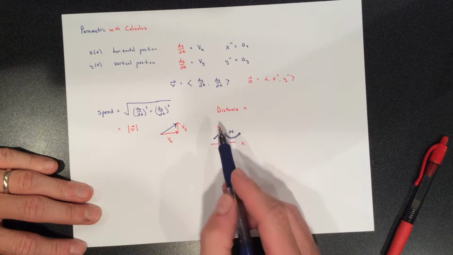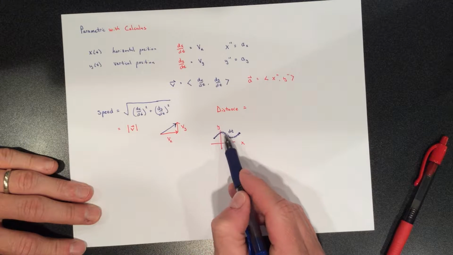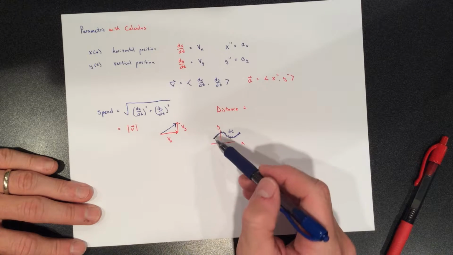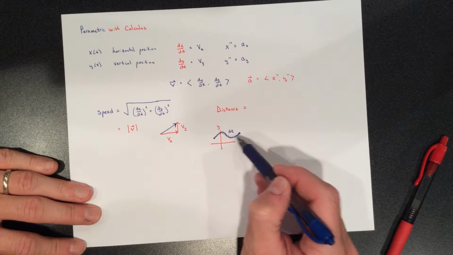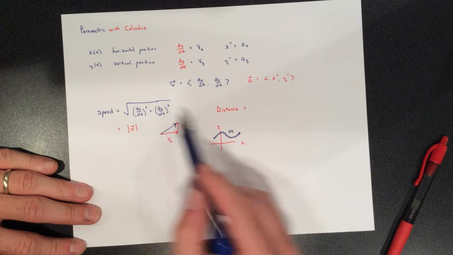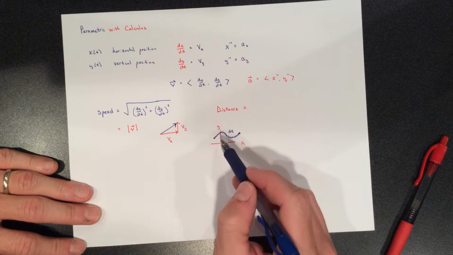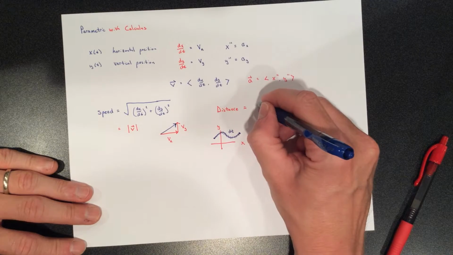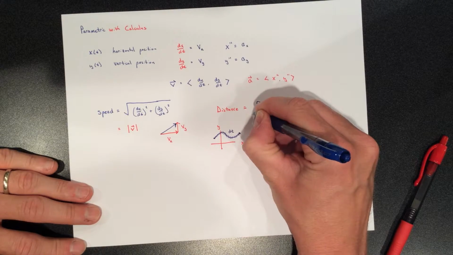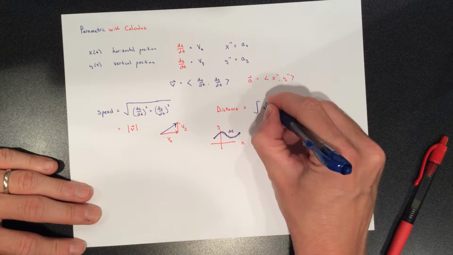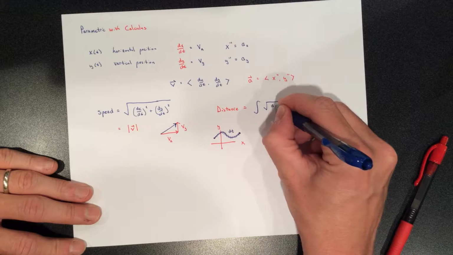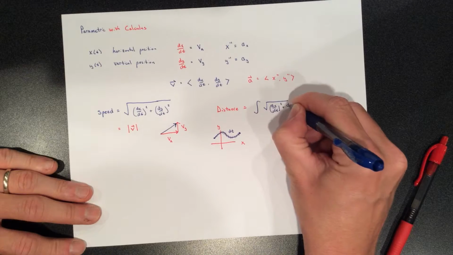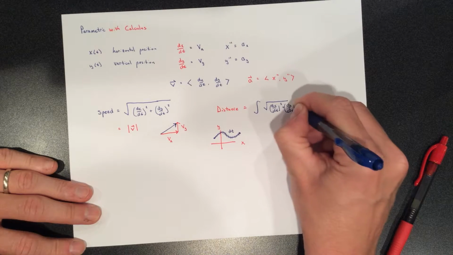If you tell me that we're going to break this up into really small time intervals, and you tell me the speed at which the object is traveling at every single moment, and you take the speed times that moment, that's the distance it travels in that moment. But if you sum up, which is our integral symbol, all the different distances, let's sum up all the speeds times time.